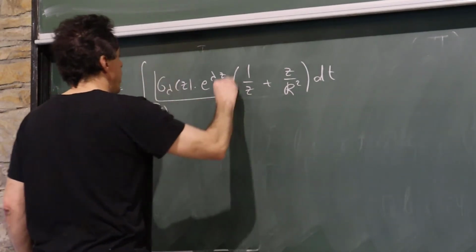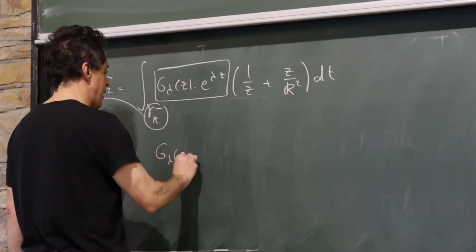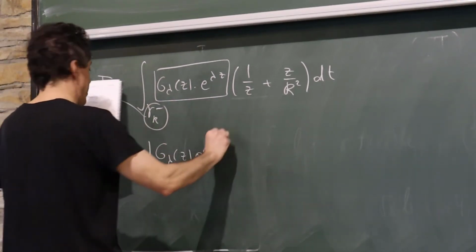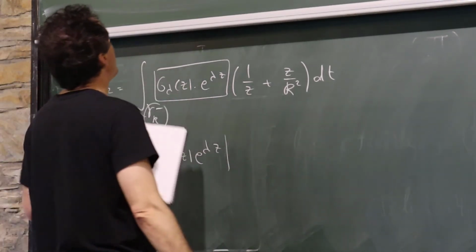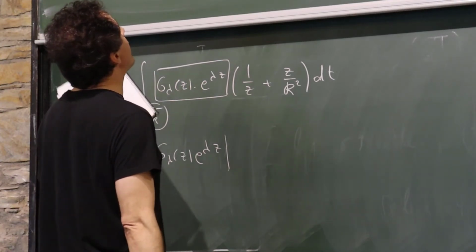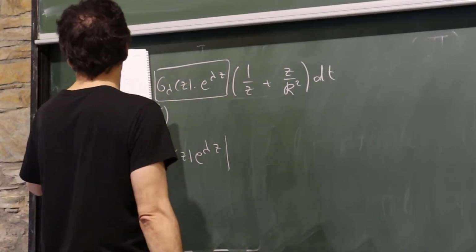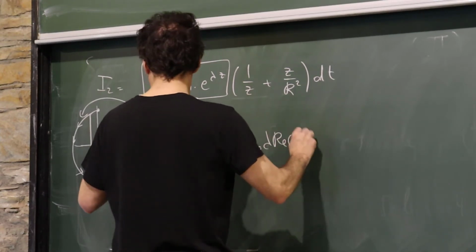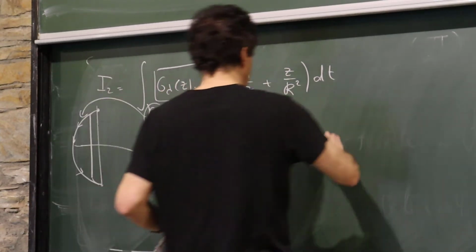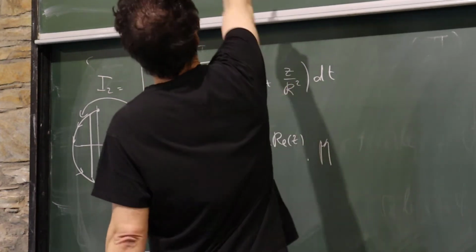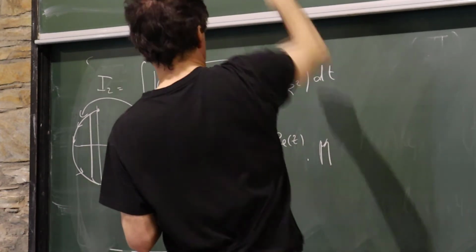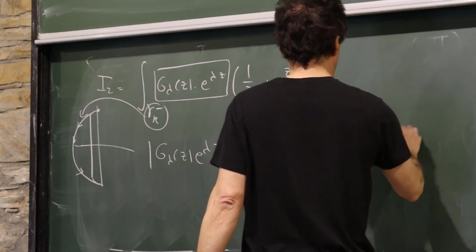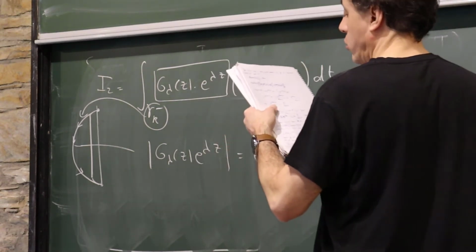So this term here, g lambda of z, e to the lambda z, can be bounded. Why? g lambda of z can be bounded by something like e to the lambda real part of z times m, a bound of f, times this integral of e from 0 to lambda, so this integrand.